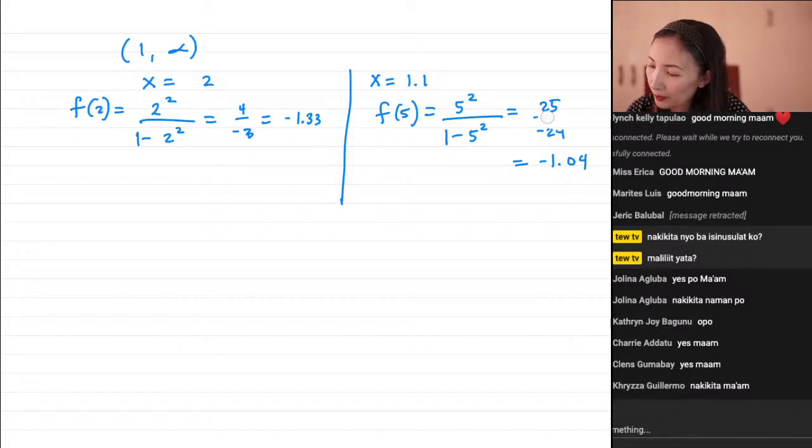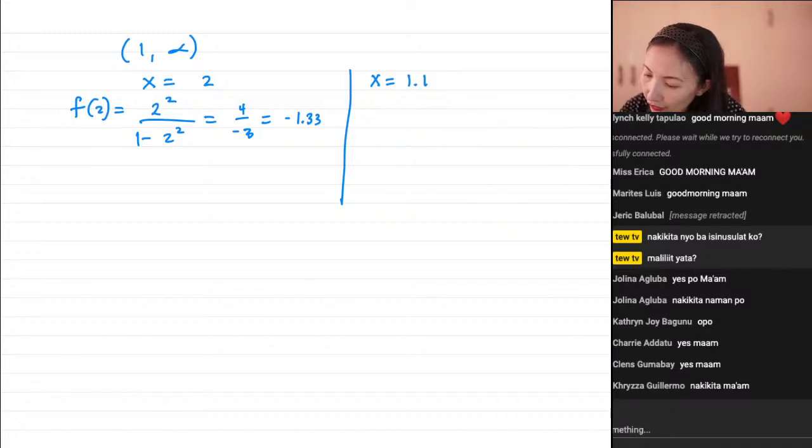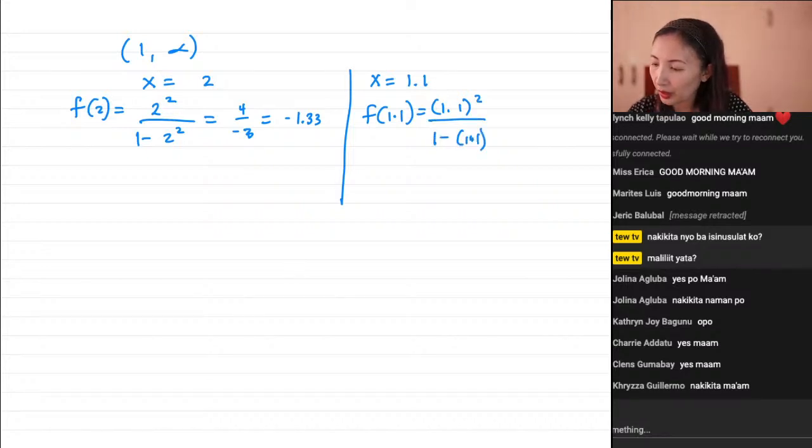So if x is 1.1, what will the function be? F of 1.1 is equal to 1.1 squared all over 1 minus 1.1 squared. What will this be? 1.21 all over negative 0.21.